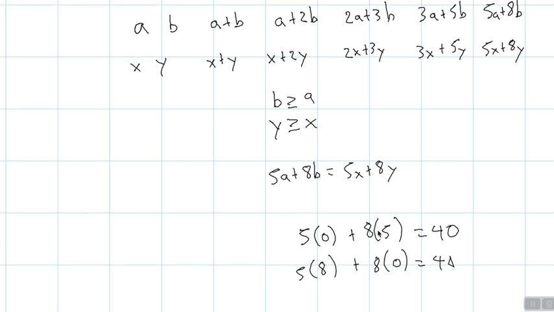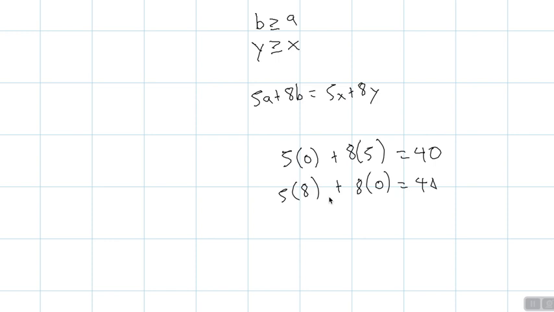However, the only issue with this is that, yes, this 5 is greater than 0, but 0 is not greater than 8. So right here, this doesn't satisfy that condition. The number that 8 is multiplying has to be bigger than the number that 5 is multiplying. So for that reason, this doesn't work.